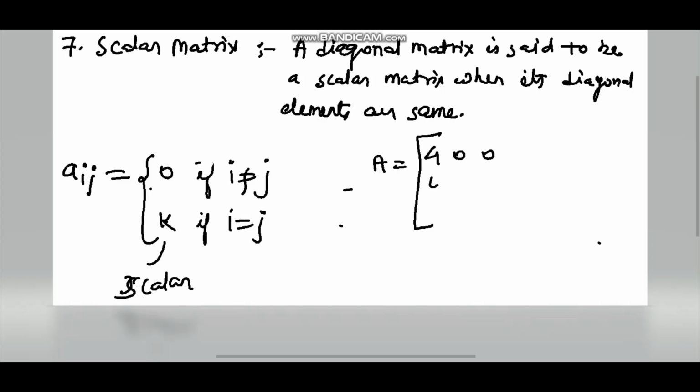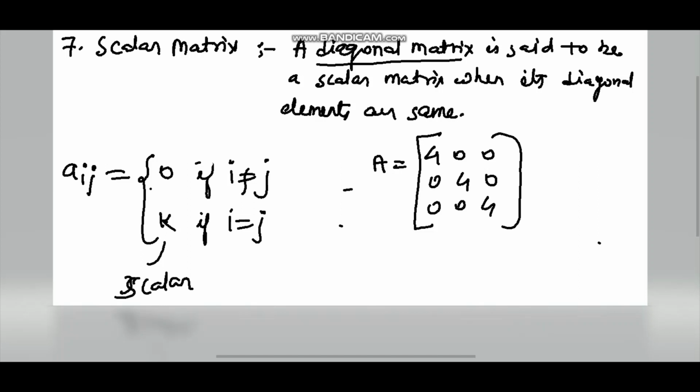It will be clear when I give you an example. Let us say A is equal to 4 0 0, 0 4 0, 0 0 4. Just check, it is a diagonal matrix. Its principal diagonal element is a scalar and all its other elements are 0.